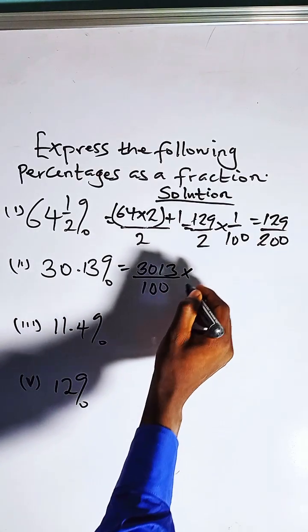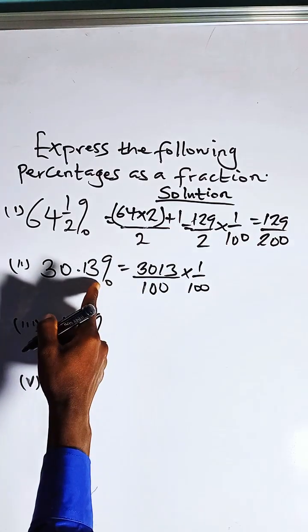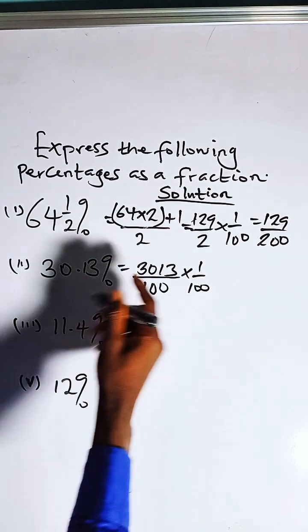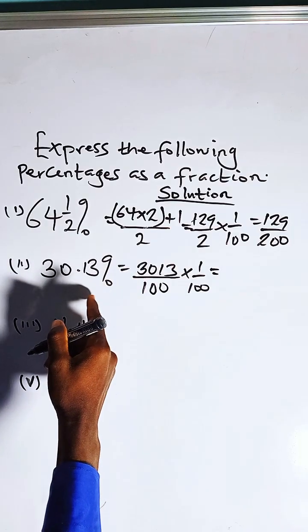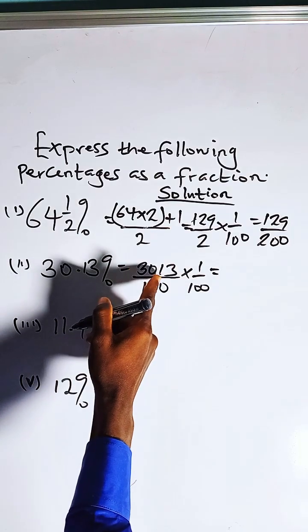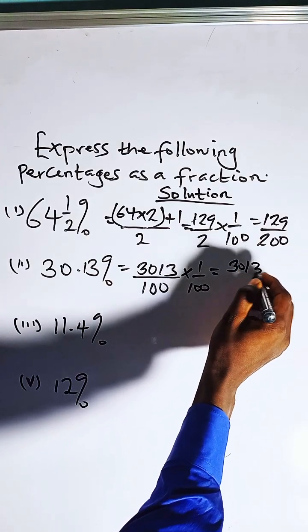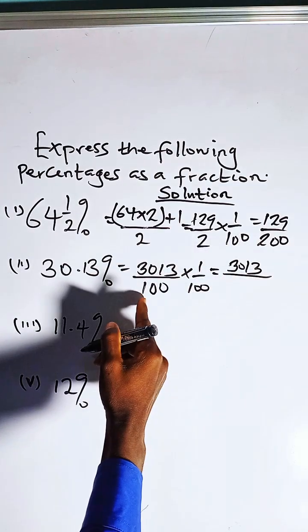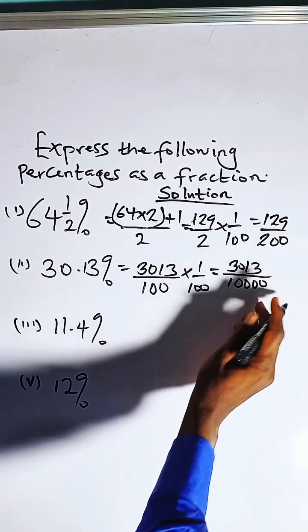So we multiply what we have here by 1 over 100 as a result of this percentage. Okay, so what do we have? So we say nothing to simplify. So we say 3013 times 1. We have it as 3013 over, so when we multiply this together, we have 10,000.